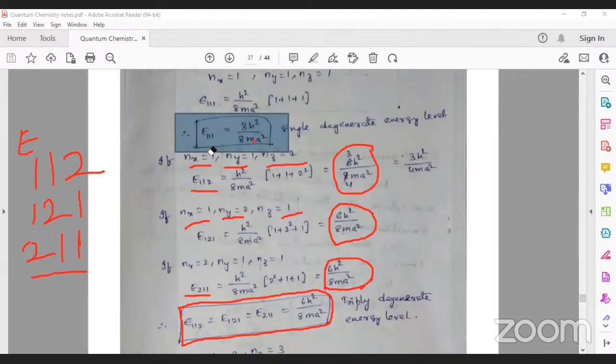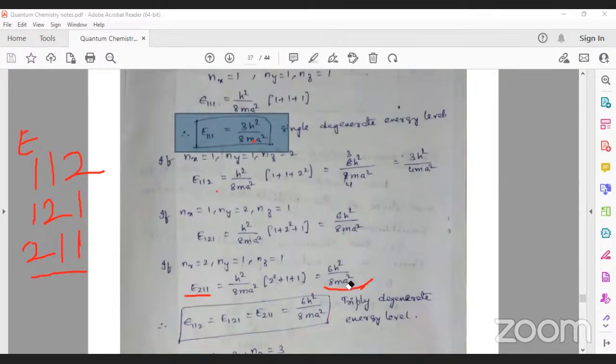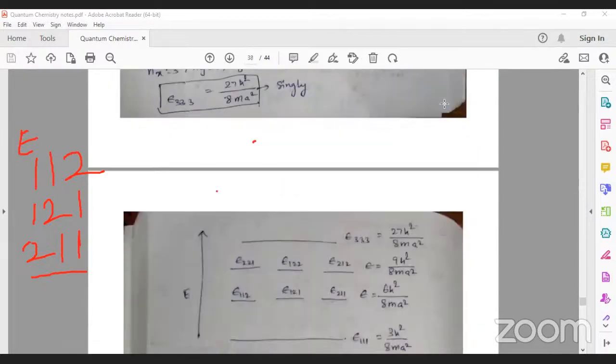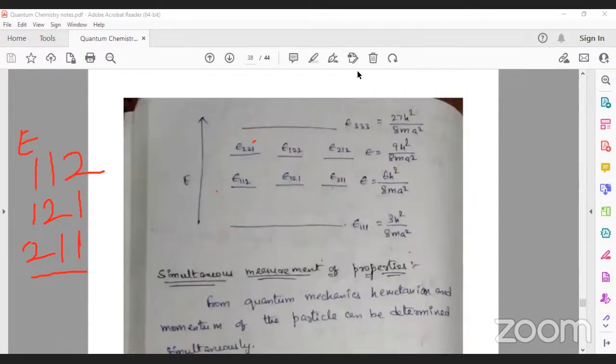So like that 221 or 212 or 122 also have the same energy levels. Therefore, we can plot all those in an energy level diagram. This is E111, that is singly degenerate.